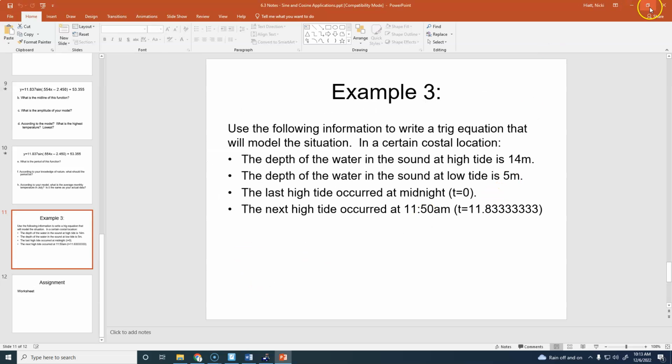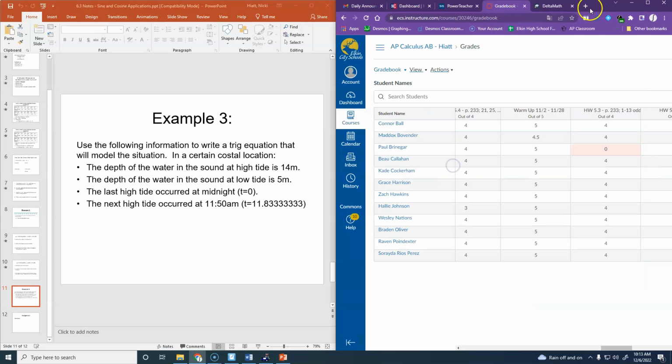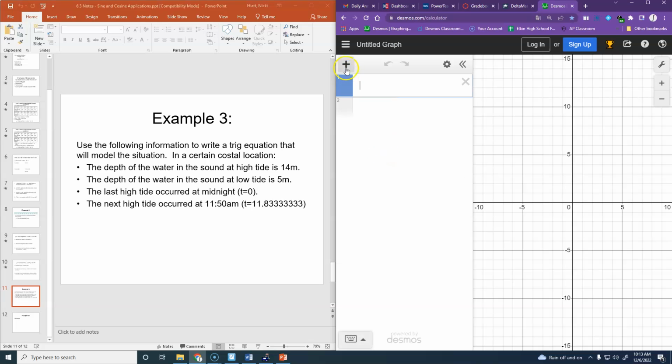It would be a great idea, and it would be easier than thinking through it, but here's the problem. If you put in your table, high tide was at 0, and the water level was 14.